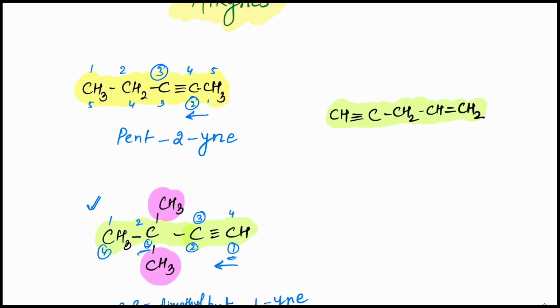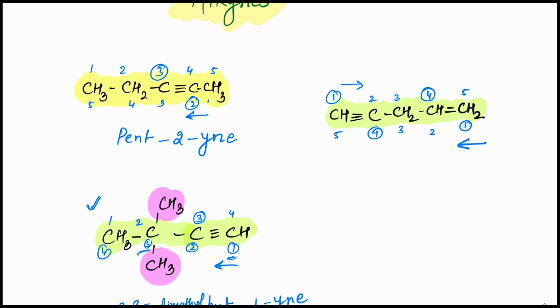Will you go from left to right and have the triple bond at carbon atom 1 and the double bond at carbon atom 4, or will you go from right to left and have the double bond at carbon atom 1 and the triple bond at carbon atom 4? Okay, so when naming we give the carbon-carbon double bond the lower number compared to the carbon-carbon triple bond. Therefore we will start naming from right to left.